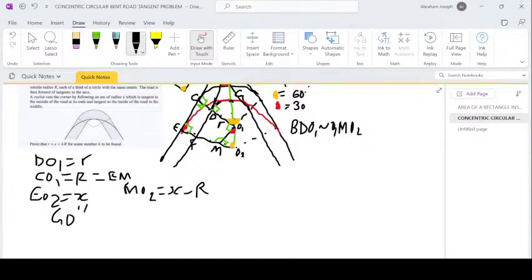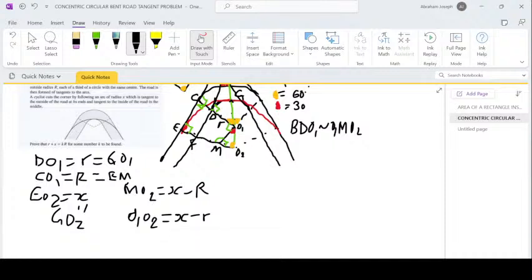Both of them are X. Now O1 O2 is X minus GO1, and GO1 is the same as DO1, because those are common radii of the smaller circle. So O1 O2 is going to be X minus R.